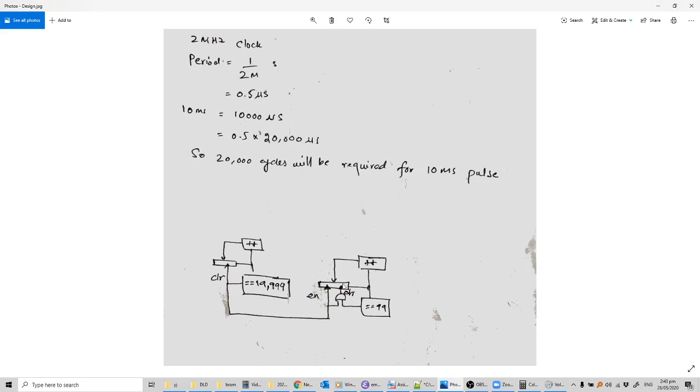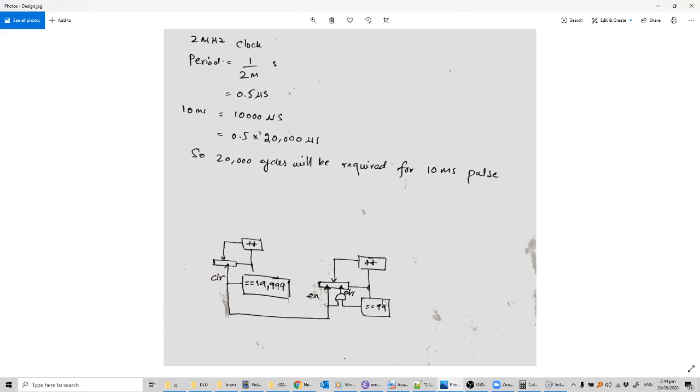Since it is starting from 0, when we reach 99, and then this pulse comes in after that, because we don't want to clear it on exactly 99. In that case it will be cleared as soon as it is 99, so it won't complete the whole 10 milliseconds for 99.